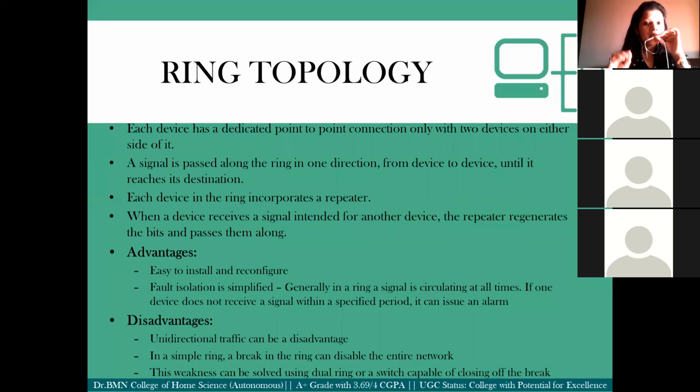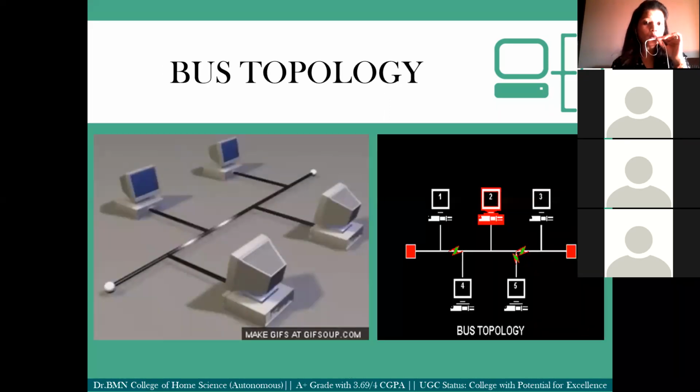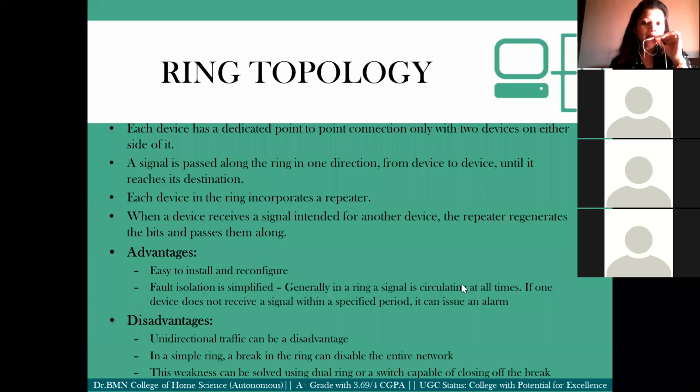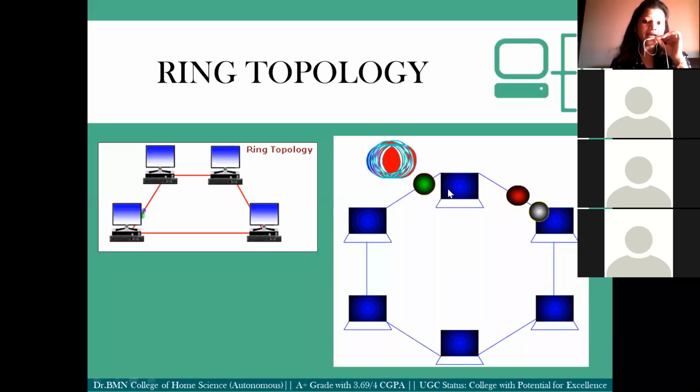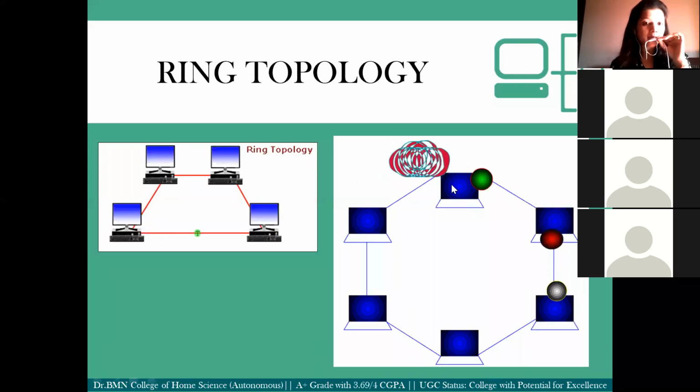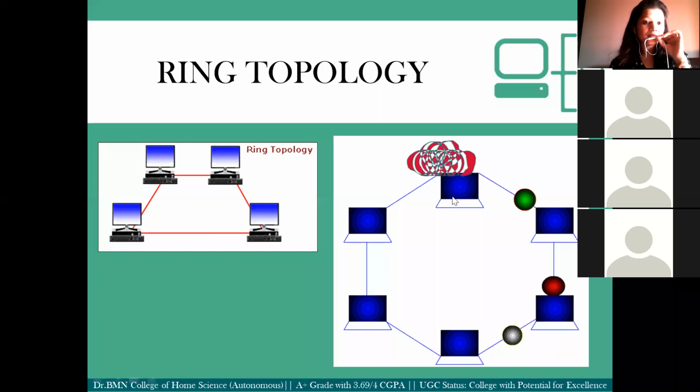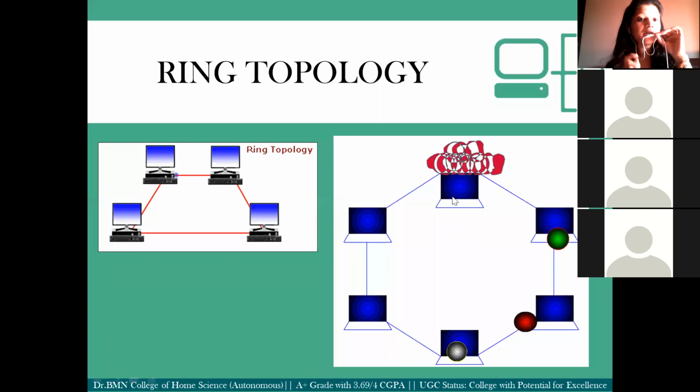Each device in the ring incorporates a repeater. When a device receives a signal intended for another device, the repeater regenerates the bits and passes them along. Now, how will this device know that this data is not meant for me? This is done with the help of a repeater.